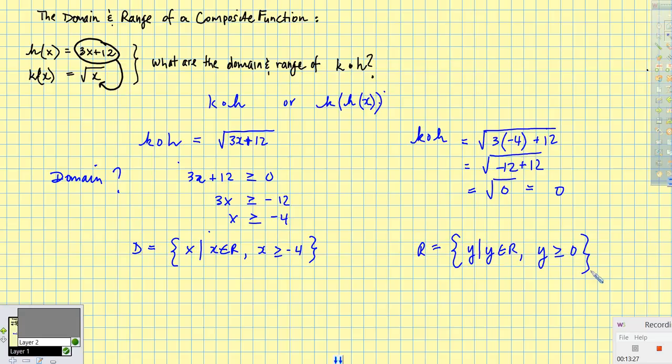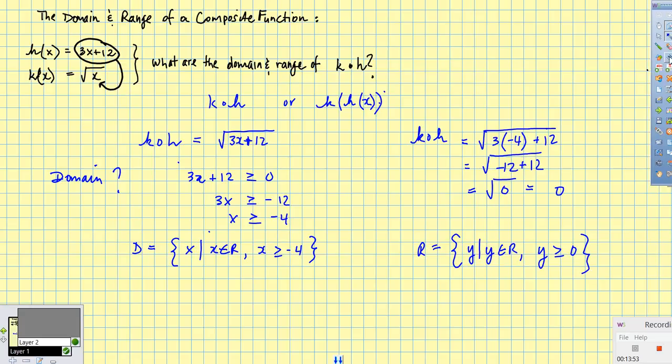So all I did was take the starting value of the domain and insert it back into the composite function to get what the range would start at, and the range would start at 0.